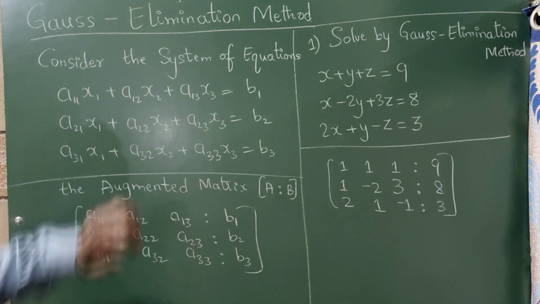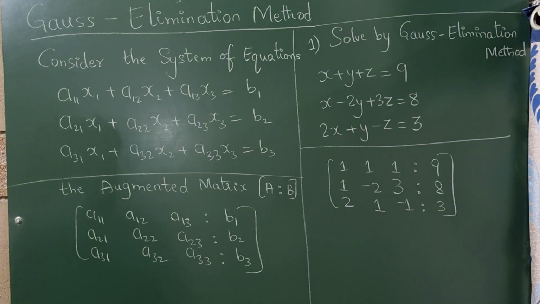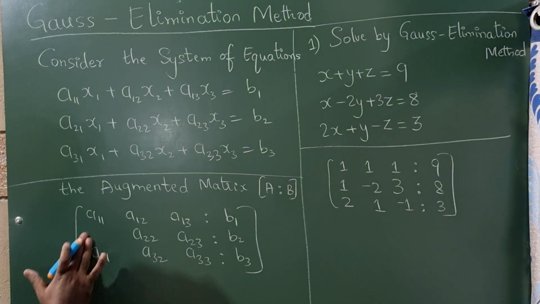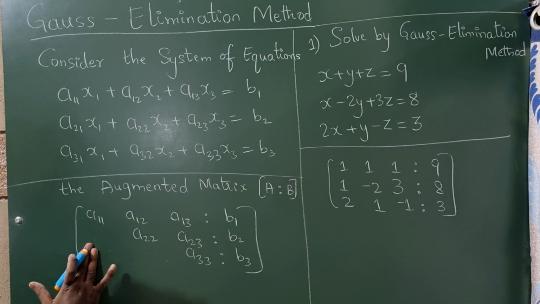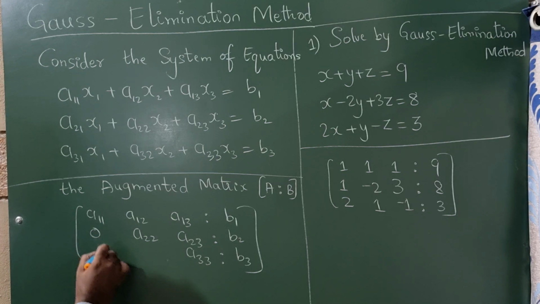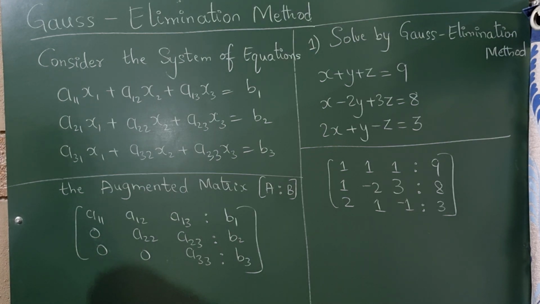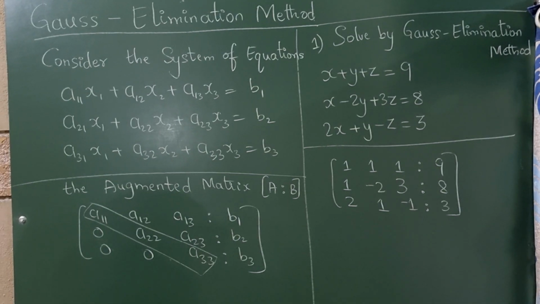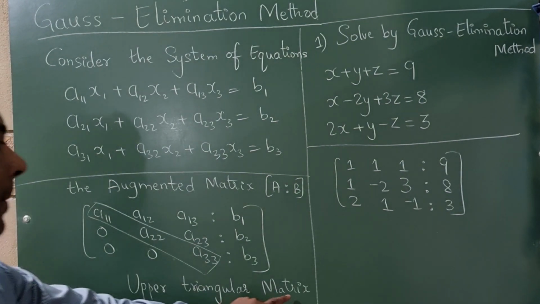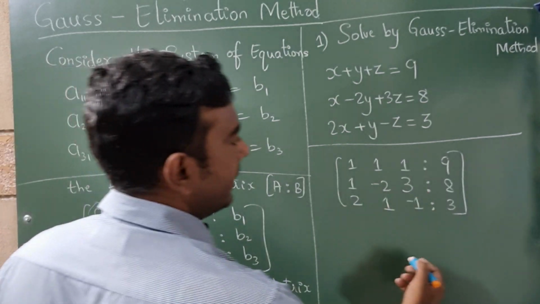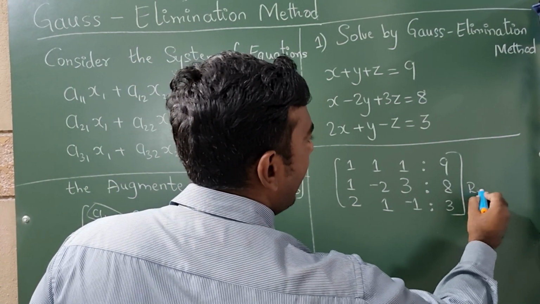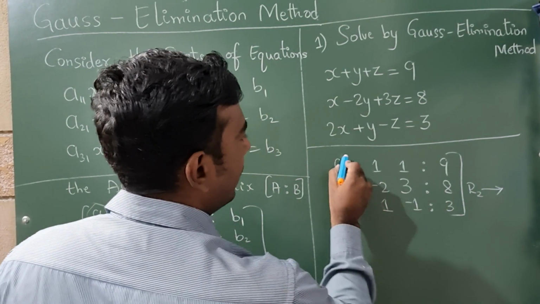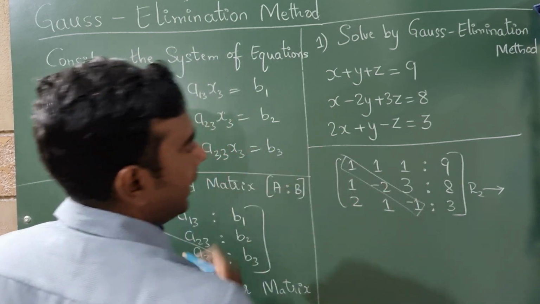So to solve this by the Gauss elimination method, you have to make these elements 0. So this is called an upper triangular matrix. Now here, these are your diagonal elements.